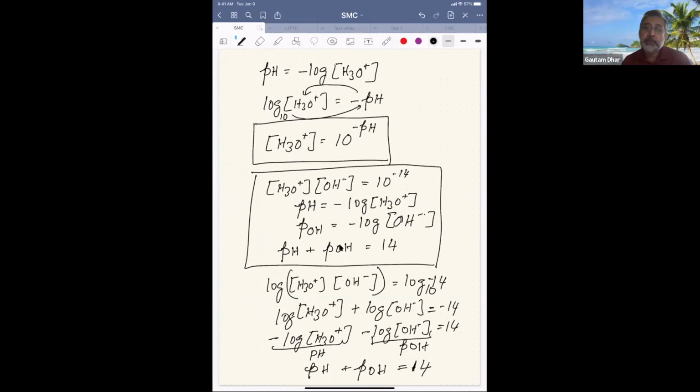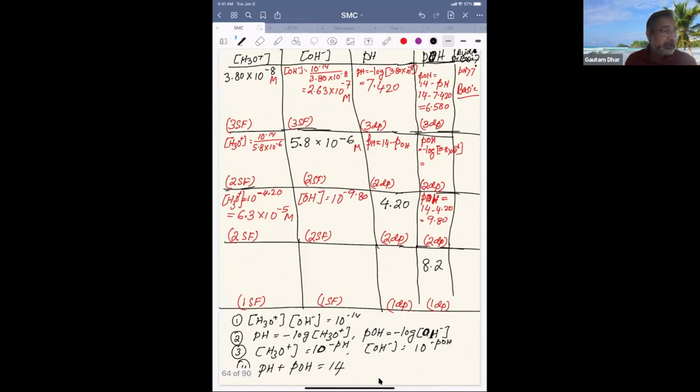And pH plus pOH is always equal to 14. You can see why: if you take log on both sides, this becomes pH and pOH, and this is equal to 14. That's why. And this is like a Gantt chart.